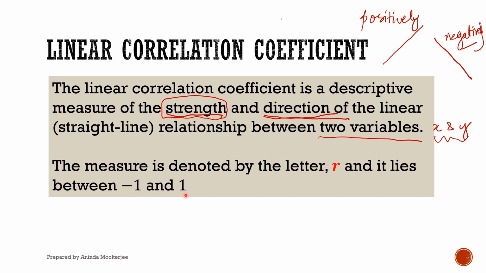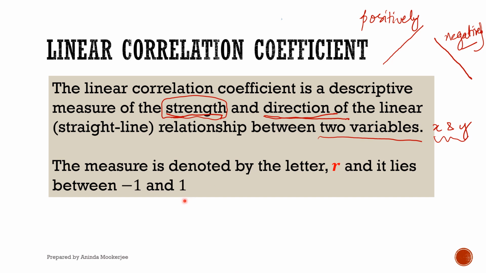-1 and 1. Now, let me state it differently. If R is a negative value, that means it's negatively correlated. They correlate with each other negatively. It is a dropping line.